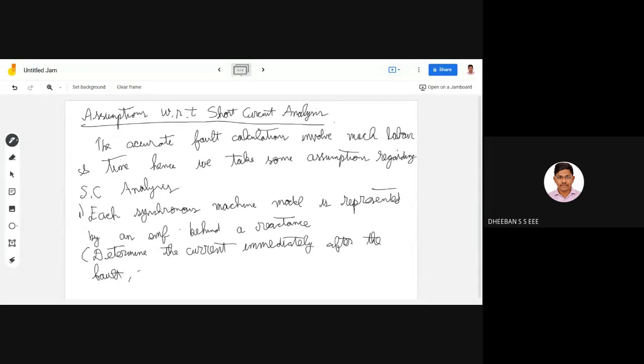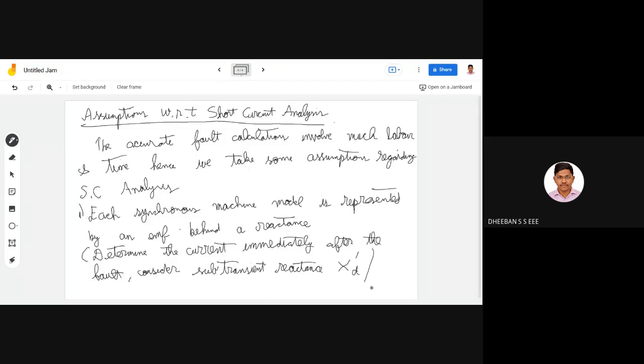So consider subtransient reactances, X"d.